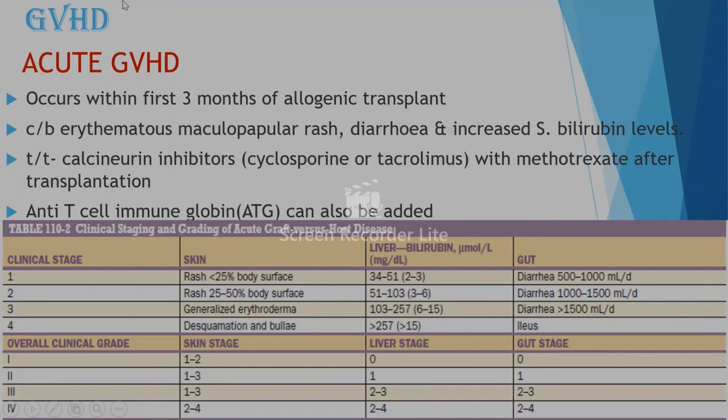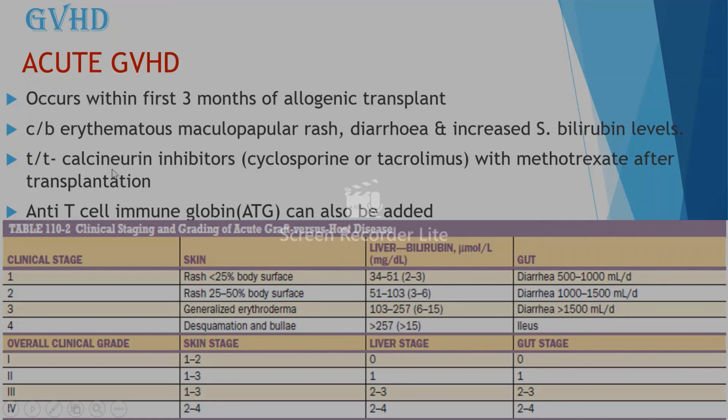Last of all is graft versus host disease, which could be acute or chronic. Acute occurs within the first 3 months of the transplant and is characterized by maculopapular rash, diarrhea, and raised serum bilirubin levels. That is, the three main systems involved are the skin, the GI tract, and the hepatic system.